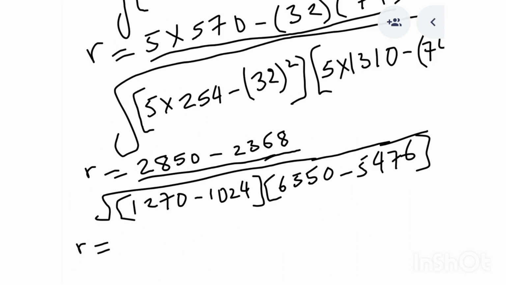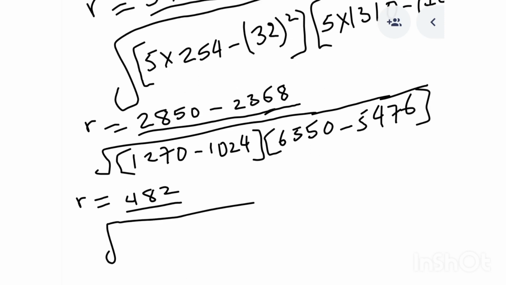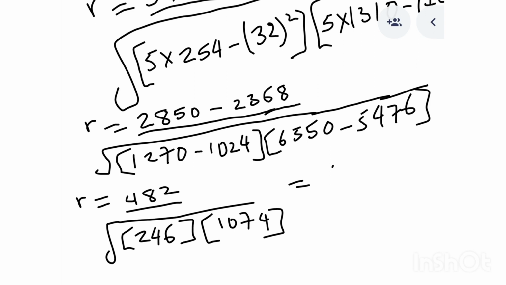Moving forward, we have 2850 minus 2368. Of course, that gives 482 over, following the formula, we have root. And we have 1270 minus 1024. That gives 246 times. We have 6550 minus 5476, 1074. And that will be equal to 482 over root of 246 times 1074.